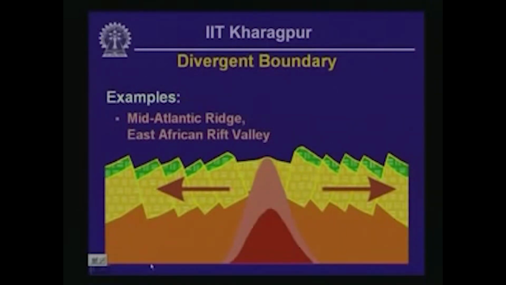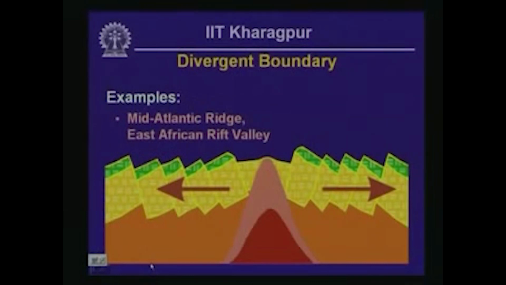There is another type of boundary, as I have already mentioned, and that is called transform boundary. And as I have indicated in the previous lesson, at transform boundaries, one plate slides past another, and there is no subduction.